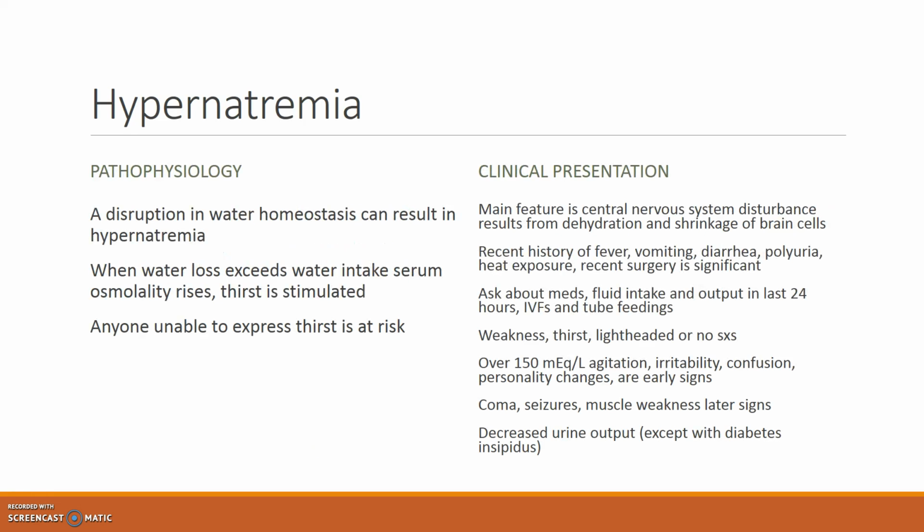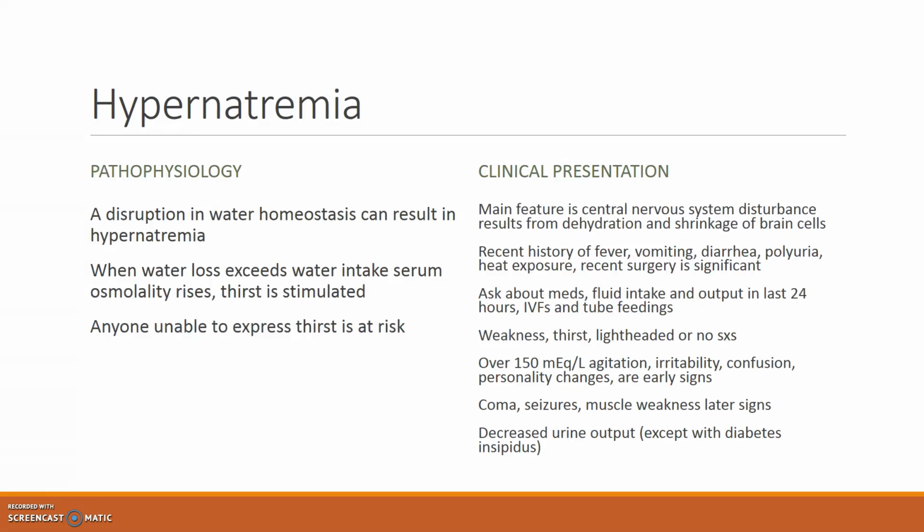The pathogenesis of it is that water intake and water loss are generally balanced, but there is a disruption in water homeostasis, and that results in hypernatremia. So when water loss exceeds water intake, the serum osmolality rises and thirst is stimulated.